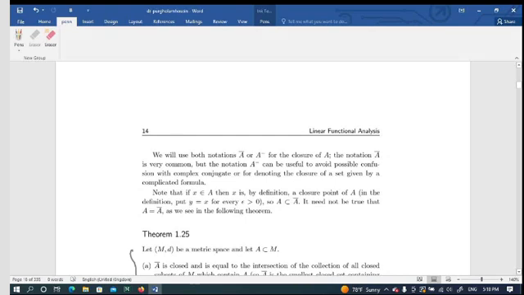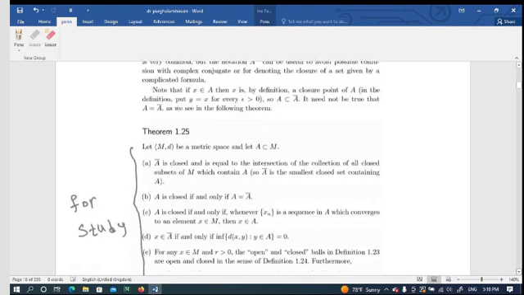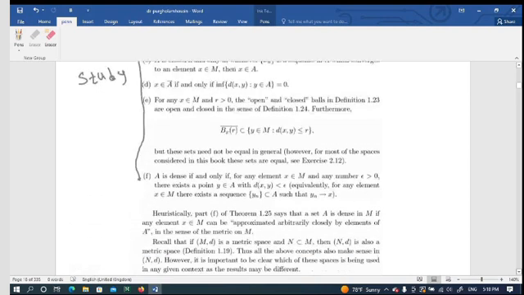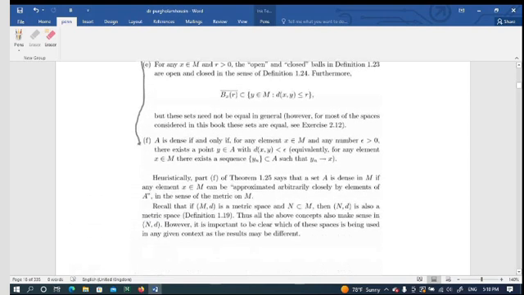But they are not our main subject in functional analysis.